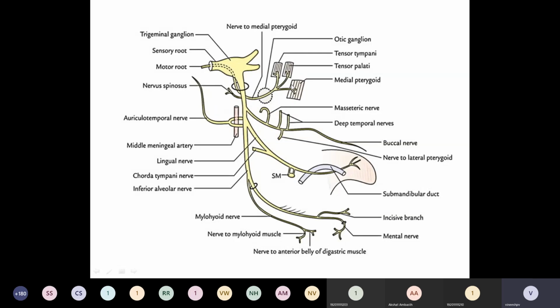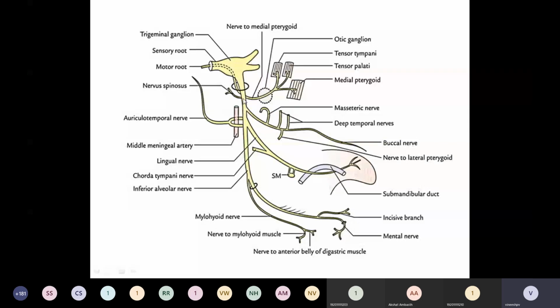Along with the medial pterygoid, it also supplies tensor tympani and tensor palati. Tensor tympani is the muscle of the ear, and tensor palati is the muscle of the palate that you will study later. And one more branch, that is nervus spinosus, which goes back and enters the foramen spinosum into the cranial cavity.